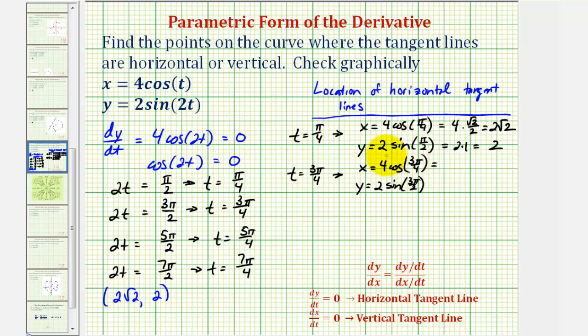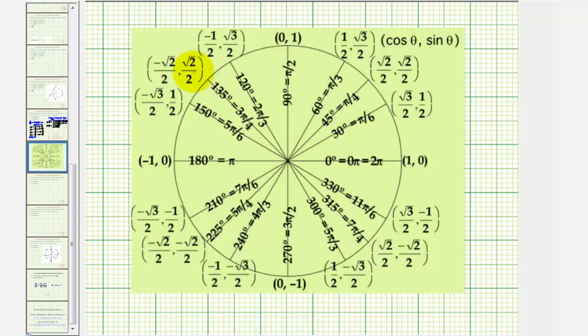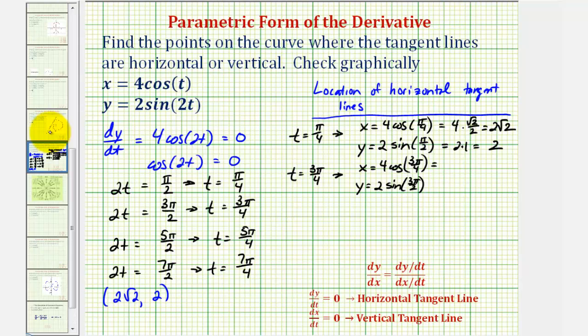So cosine 3pi/4, going back to our unit circle, would be negative square root 2 over 2. So now we have 4 times negative square root 2 over 2, giving us negative 2 square root 2. And then sine 3pi/2 is equal to negative 1. So we have 2 times negative 1 equals negative 2. So the next point where we have a horizontal tangent line would have coordinates negative 2 square root 2, comma, negative 2.